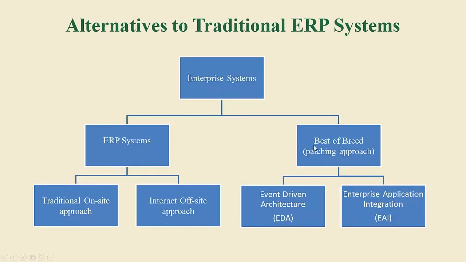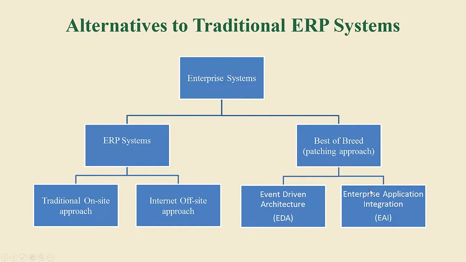Best-of-breed systems or patching approaches. There are many of these, but two we will discuss here: the Enterprise Application Integration, EAI, or Event-Driven Architecture, EDA. In both cases, EDA and EAI, the company would go out and look for the best software, the best modules from whatever vendor to run the various processes within that company, as opposed to going to a single ERP vendor.